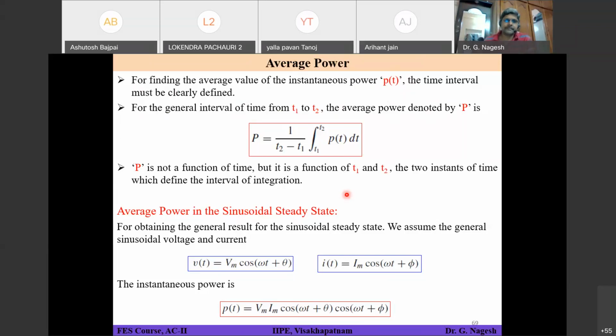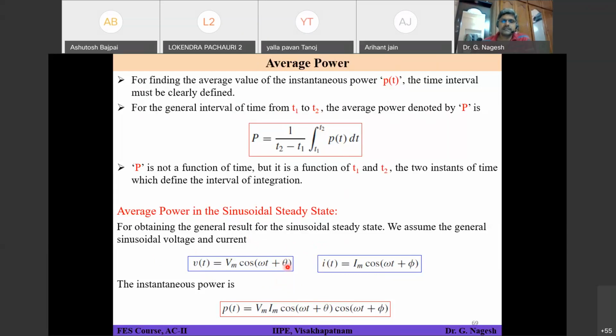We have already seen that for obtaining a general result of sinusoidal steady state, we have assumed two general expressions. For voltage, we have taken a general expression: v of t is equal to Vm cos of (omega t plus theta). Some phase angle theta is considered, assuming that your voltage has some phase angle.